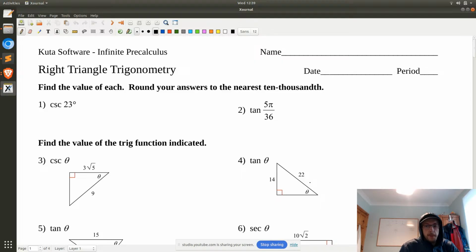And because we have the cosecant function and the tangent function, we need to find the value of each and round our answers to the nearest 10,000th. So the cosecant function is 1 divided by the sine function. So this is 1 over sine of 23 degrees. And just type that in now.